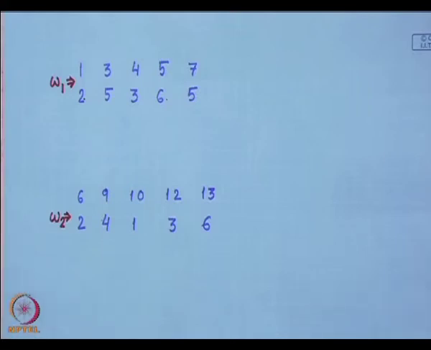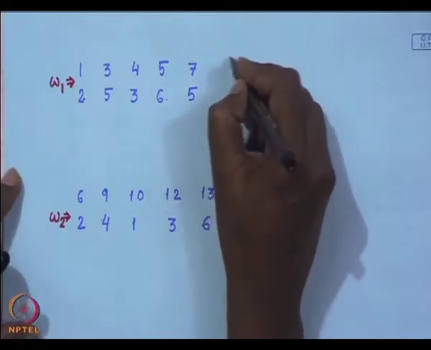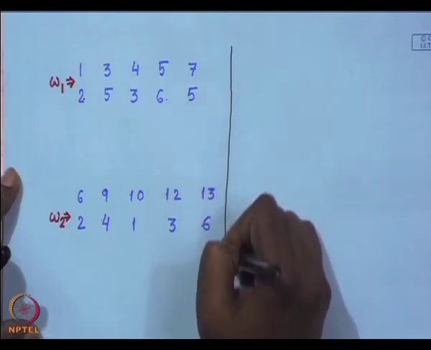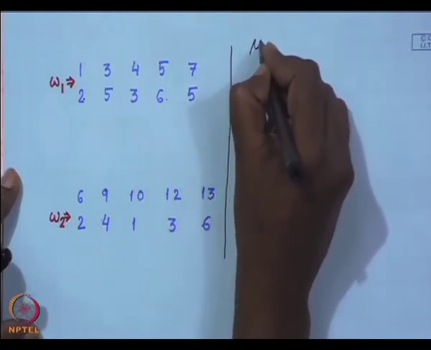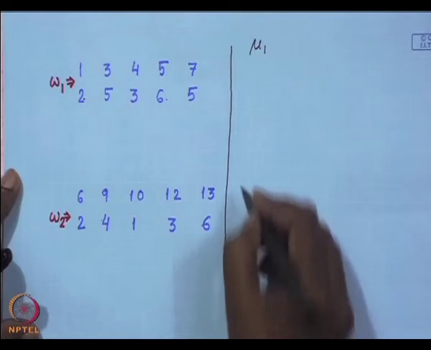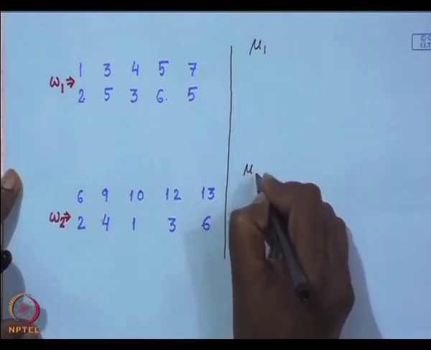First, we have to compute the mean of the feature vectors from class omega 1 and the mean of the feature vectors from class omega 2. So, here I will compute mu 1 and here I will compute mu 2.